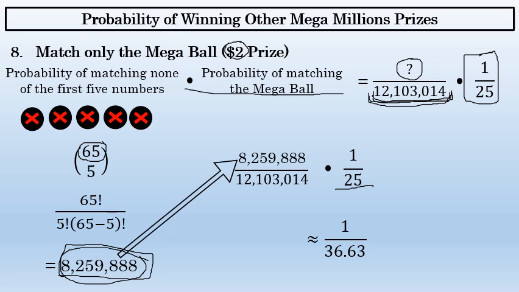Almost 1 in 37 is the probability of matching none of the first 5 numbers and matching the mega ball. As a percentage, this is a 2.7299% chance of hitting this $2 prize.